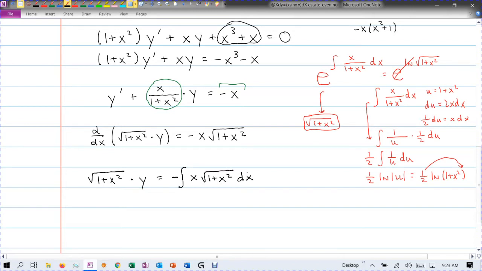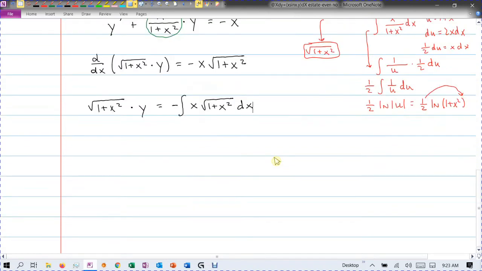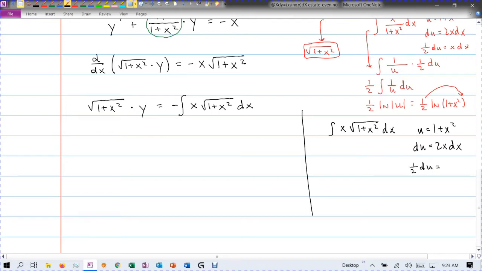Okay, so I need to do that integral. And let me see, I'm not out of room yet. Okay, good. So on the side here, that integral of x square root of 1 plus x squared is another basic u substitution. u is equal to 1 plus x squared. du is 2x dx, and 1/2 du is going to be x dx. I'm just using the fact that I have x dx right there.